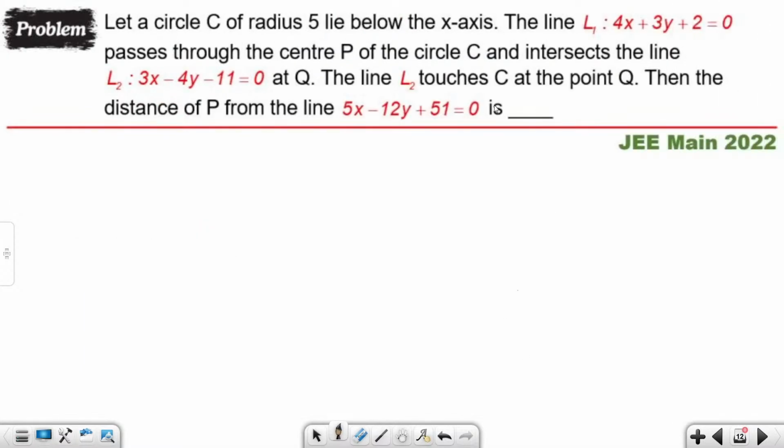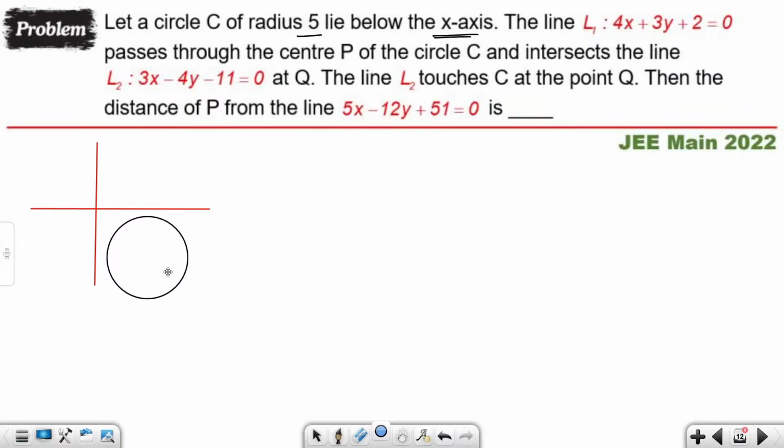See this question. In this question, they have said that there is a circle C of radius 5 which lies below the x-axis. So let me just draw that diagram first. There is a circle C which lies below the x-axis.